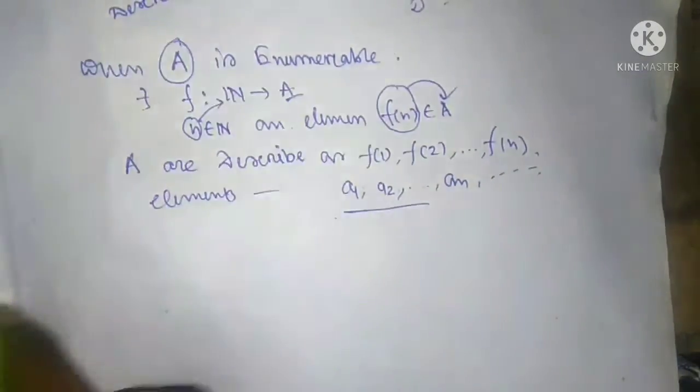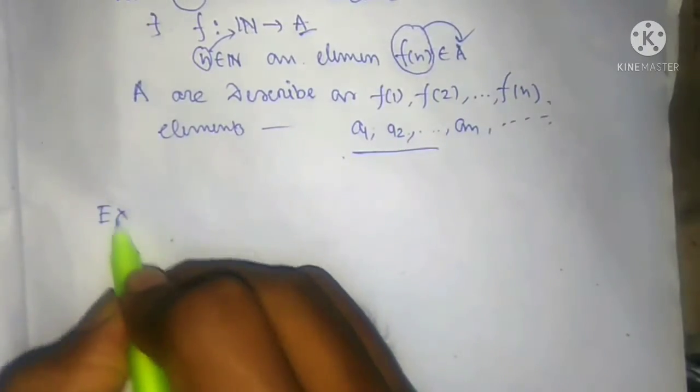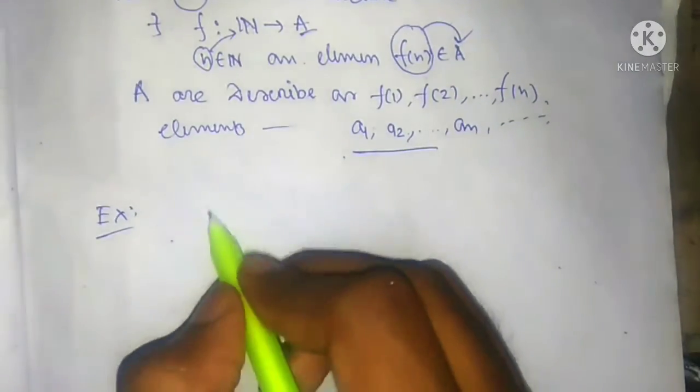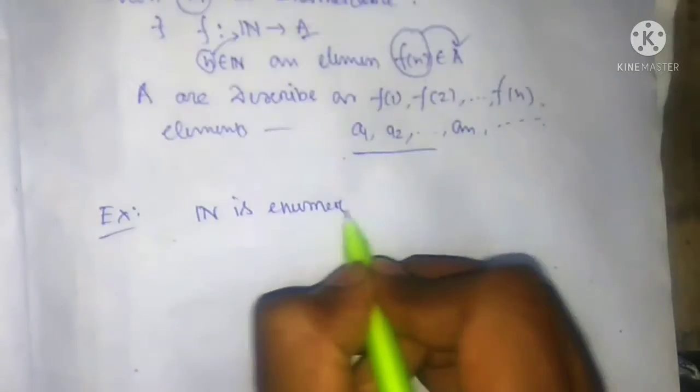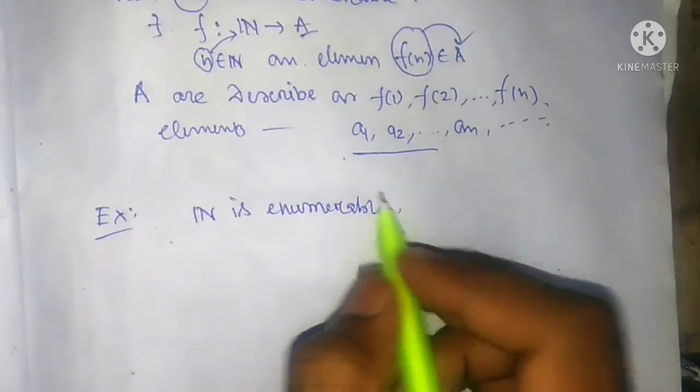Okay, so for the examples, let the set N be enumerable.